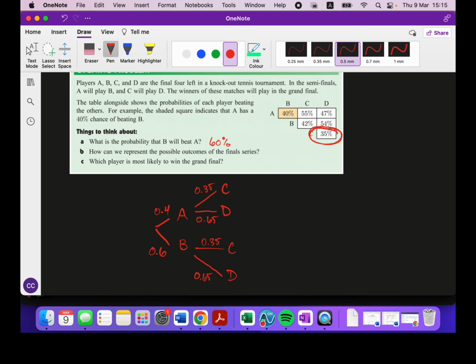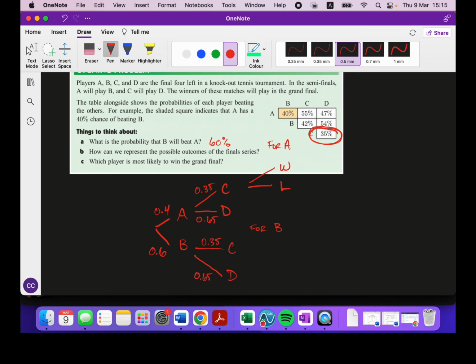Okay? So to figure out who's going to win now, this just gets us from there, 35% chance it'll be C, and then the outcome of the match is what we're after. This is going to be a win or a loss, and we're talking about A. And then for B, we're going to do the same thing, a win or a loss.